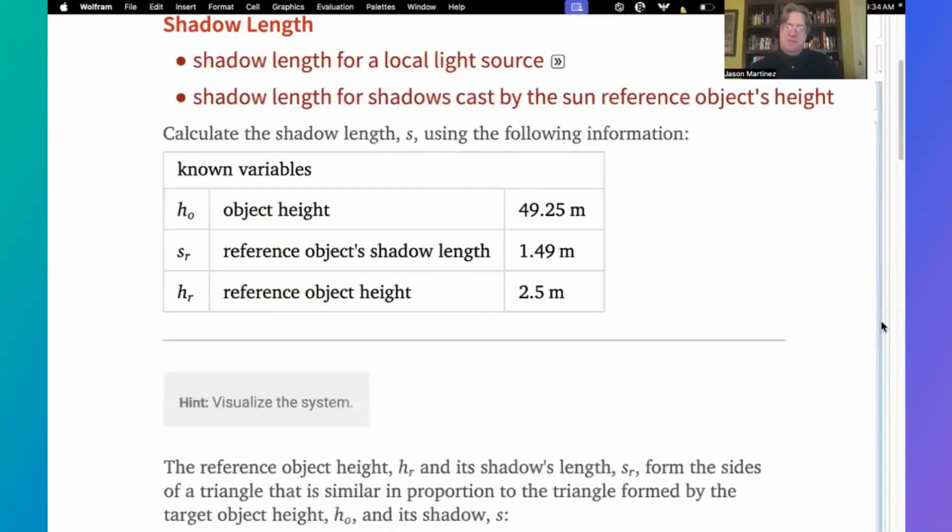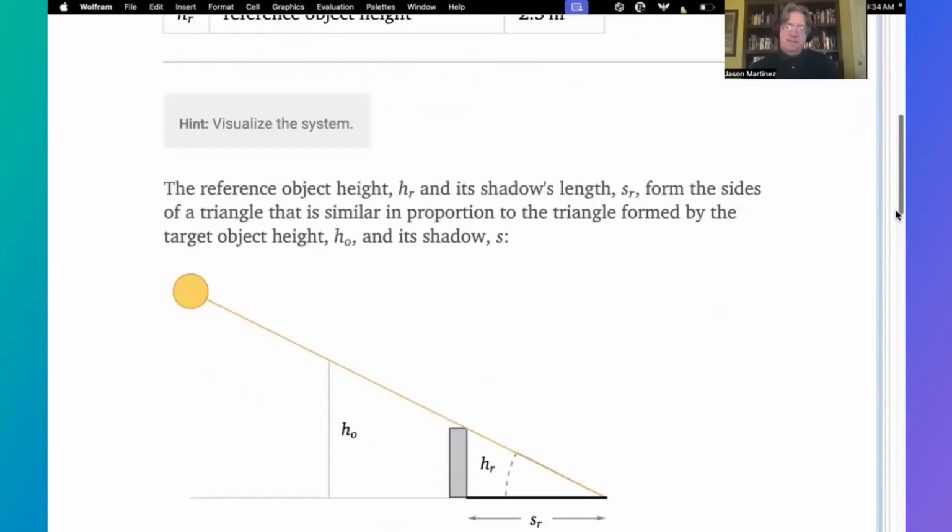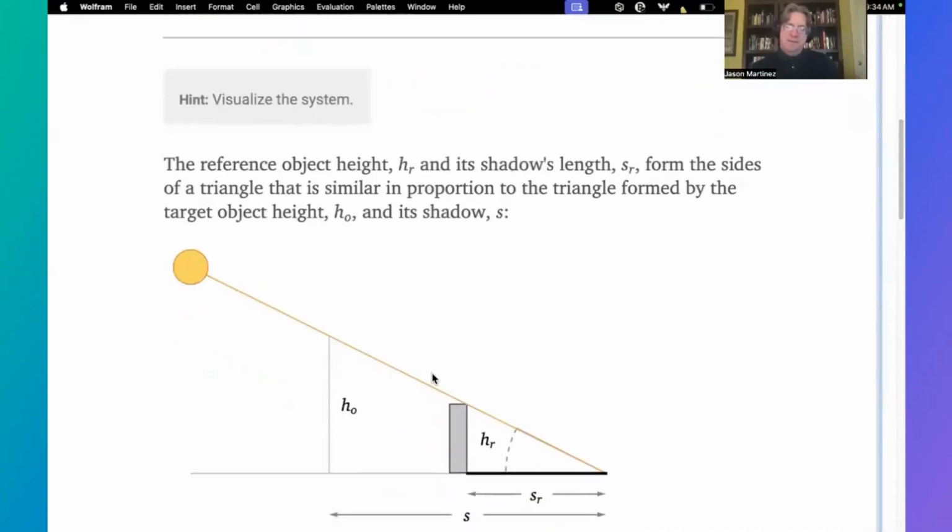Or we could do that for the sun. In this case, we don't know how high the sun is, but we know what angle it's making. And more importantly, we have some sort of reference object which has its own shadow. So perhaps we know that we're 6 feet tall and our shadow is 8 feet long, and we know the building's shadow is 12 feet long.